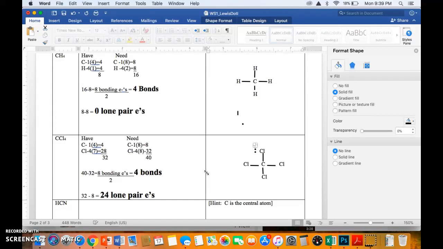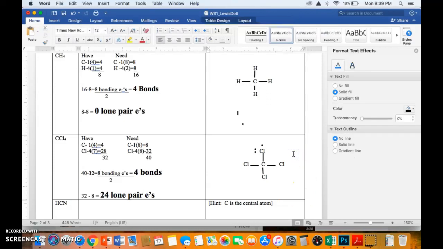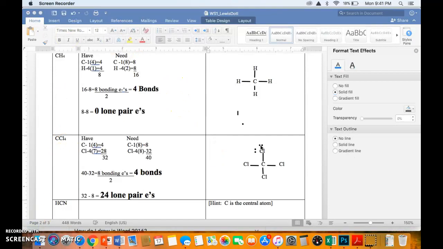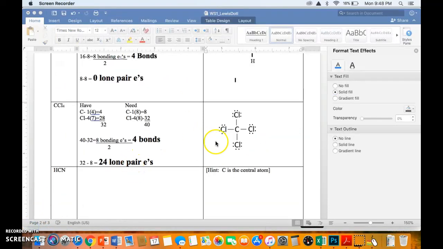Another dot here. Another dot here. And I'm going to continue adding those dots until I've added 6 dots to each chlorine.